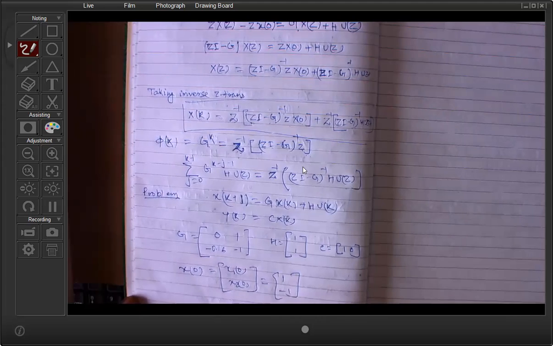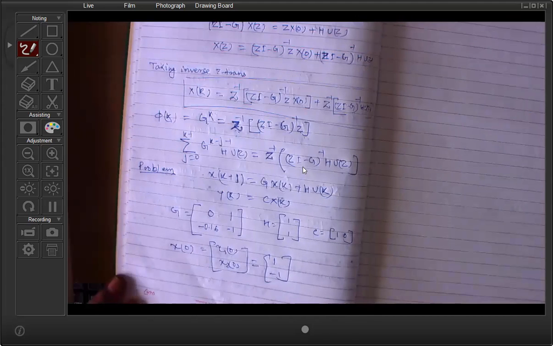Now we have to find out the state transition matrix and the solution of the state variable.